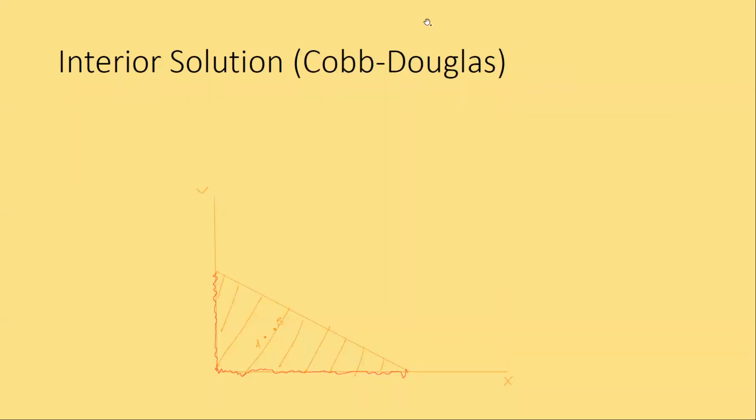All right, let me actually clear this. So here I'm going to show you graphically how we can find our interior solution for a Cobb-Douglas utility function. And we know the shape of the indifference curves for Cobb-Douglas utility functions. We drew it in previous videos. So again, we have a two-dimensional space.